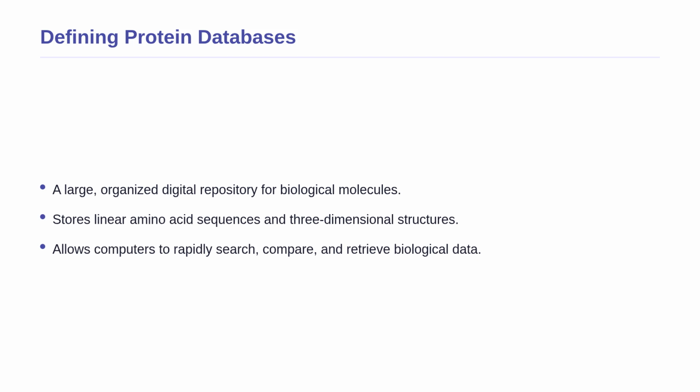By comparing a new, unknown protein against this massive library, researchers can instantly guess its function, where it comes from, and how it might behave. This capability forms the absolute foundation of modern biological research, allowing computers to rapidly search, compare, and retrieve biological data using specialized algorithms.